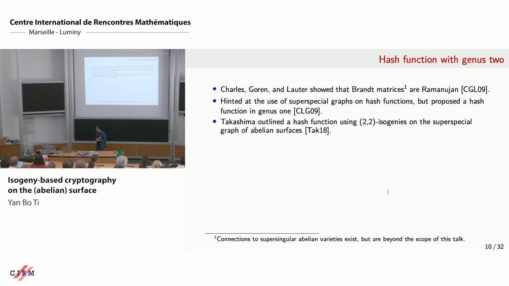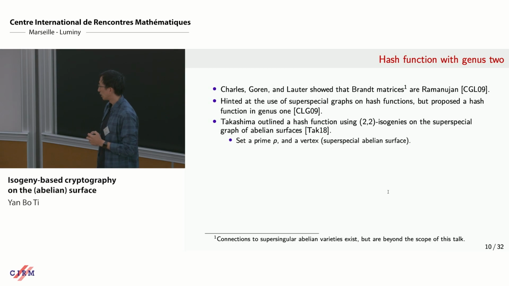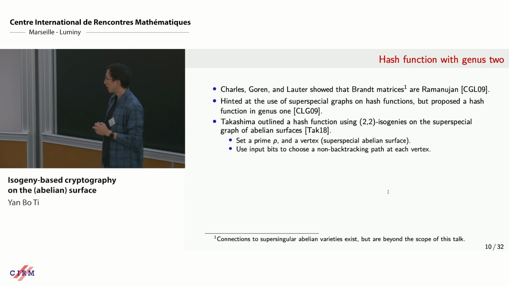So I'll just show you how this is done. First of all, you set a prime p and a vertex, which will be just some random vertex in the graph. You use the input bits to choose a non-backtracking path at each vertex. That means it's a stateful hash: you need to remember what vertex you were on before, and make sure you do not go back.